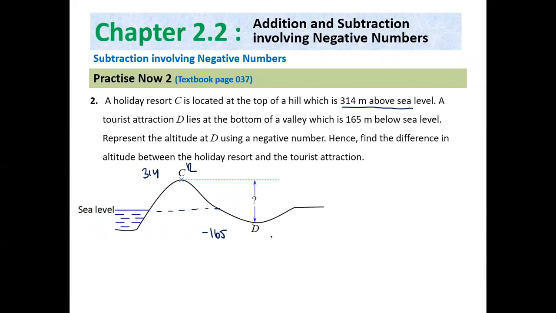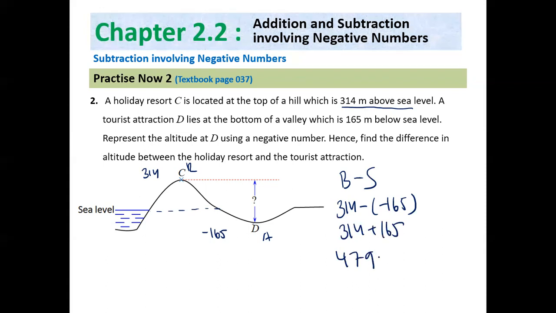This is the resort. This is the attraction. Simple, big minus small. Big is 314, subtract with the small, negative 165. So 314 plus 165, 479 meter. The difference of the height, okay, the distance between two different altitude.